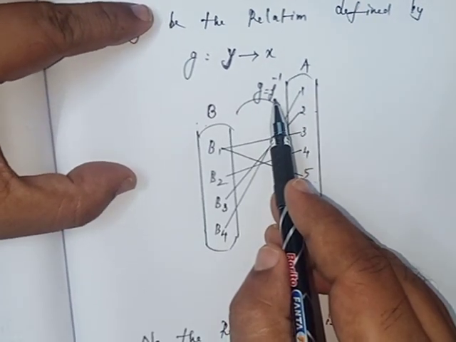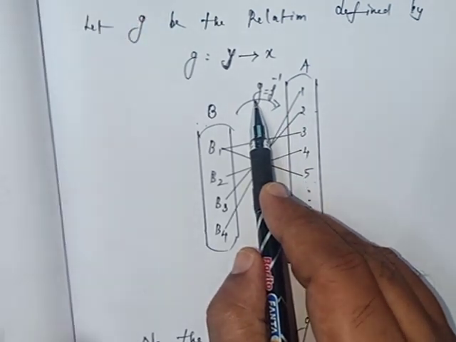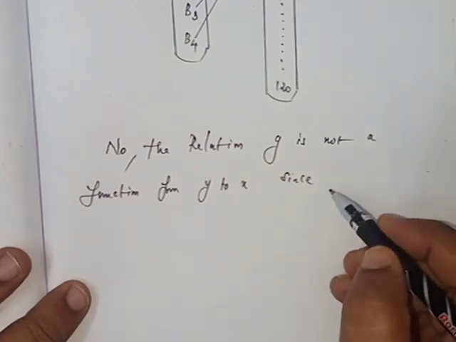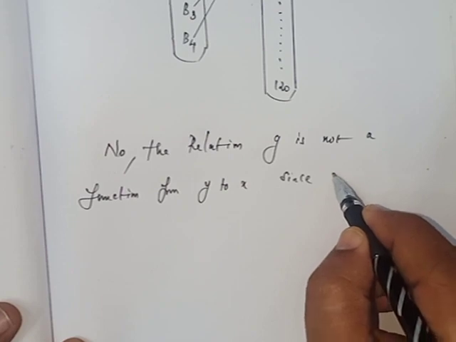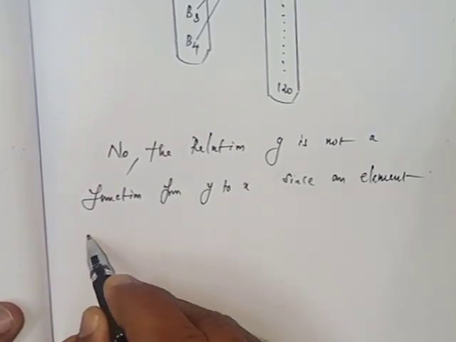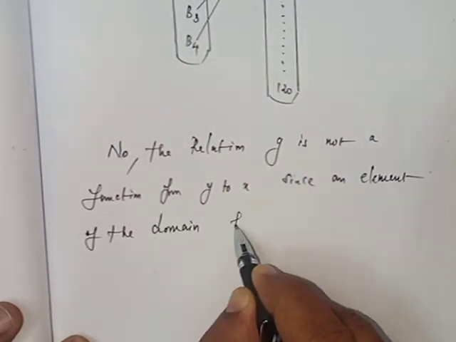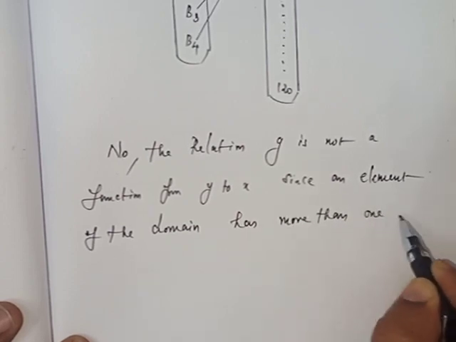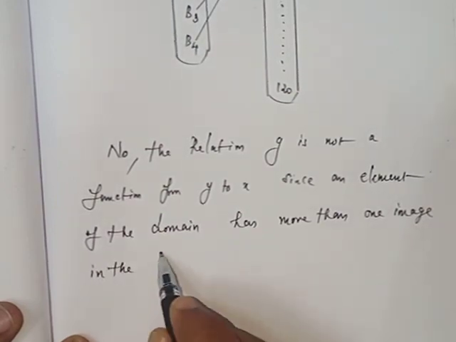I call it F inverse, inverse function. I call it G. We have proved G is not a function from y to x, since an element of the domain has more than one image in the codomain.